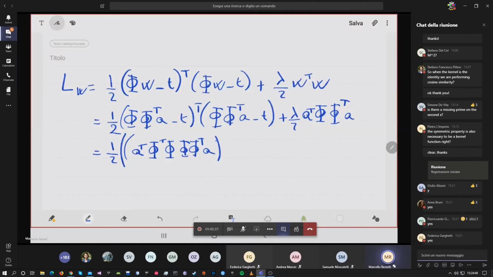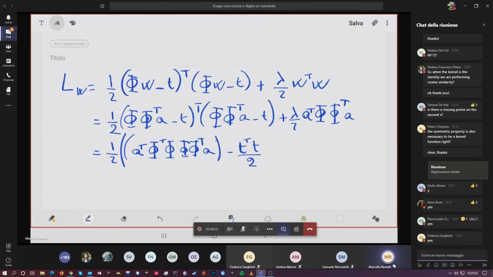Then you have minus T transpose T divided by 2.